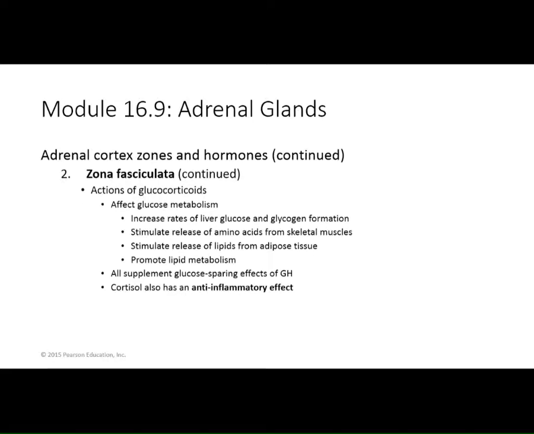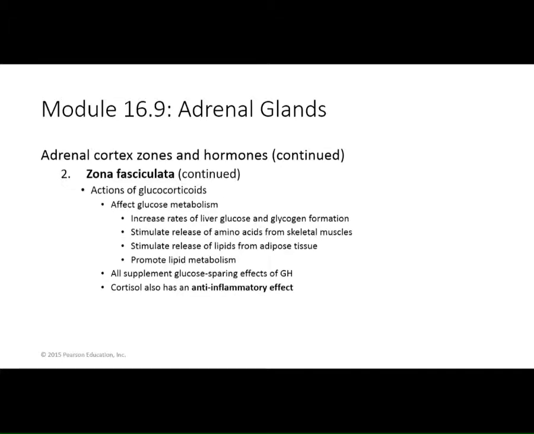Now, what do these hormones do? These glucocorticoids are going to affect glucose metabolism. Mostly, they are going to increase the rate of liver glucose formation. Did you know your liver can make sugar? Your liver can actually make sugar out of other metabolites in order to help regulate your blood sugar.